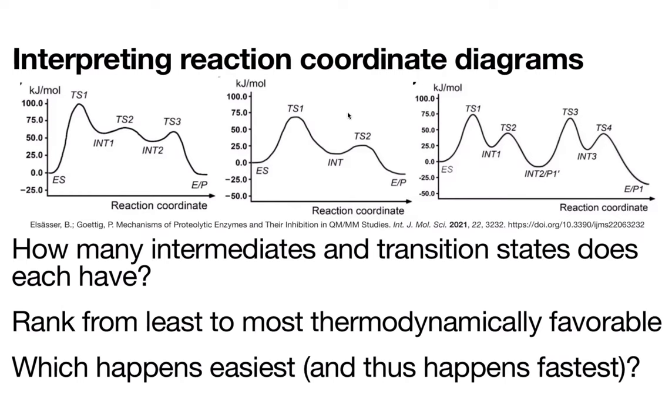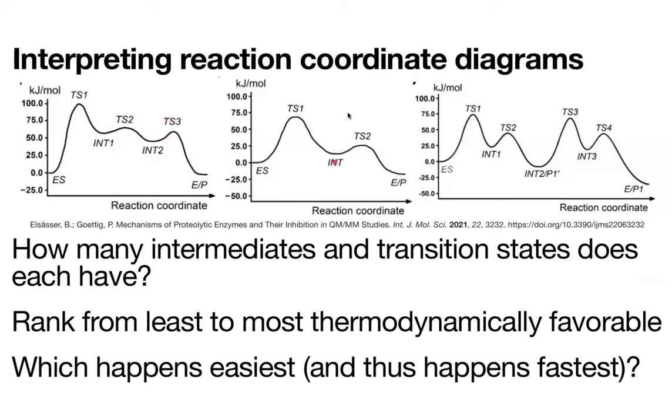Okay, let's start with how many intermediates and transition states. They made it kind of easy in these figures because they're labeled INT and TS, so intermediate and transition state, but you would be able to know based on looking for the troughs. Each of these is an intermediate, and each of these is a transition state. So this one would have 2 intermediates, 3 transition states.